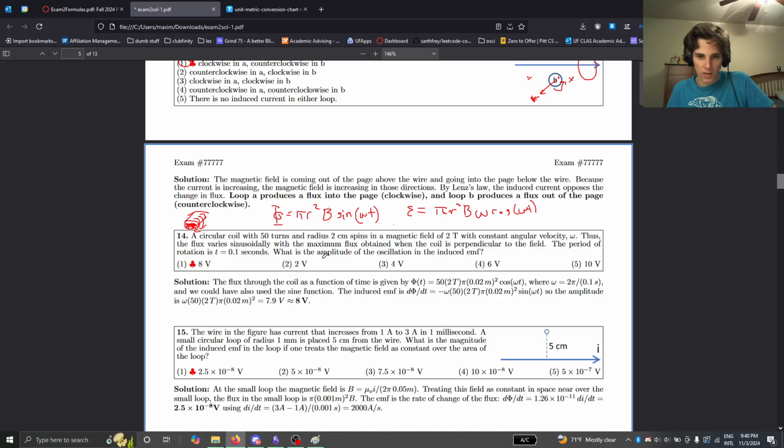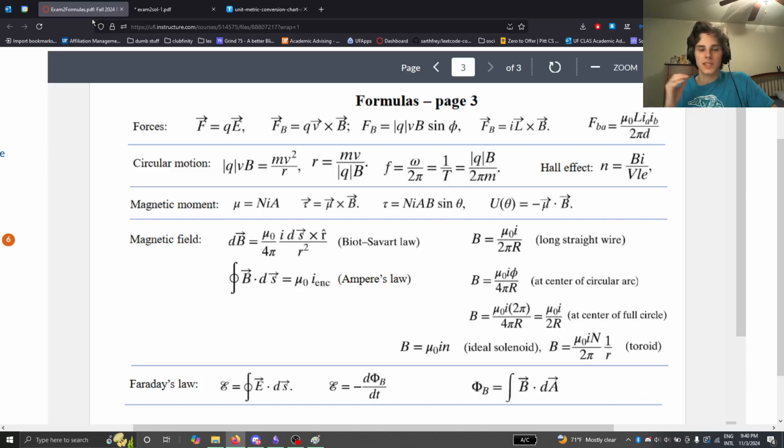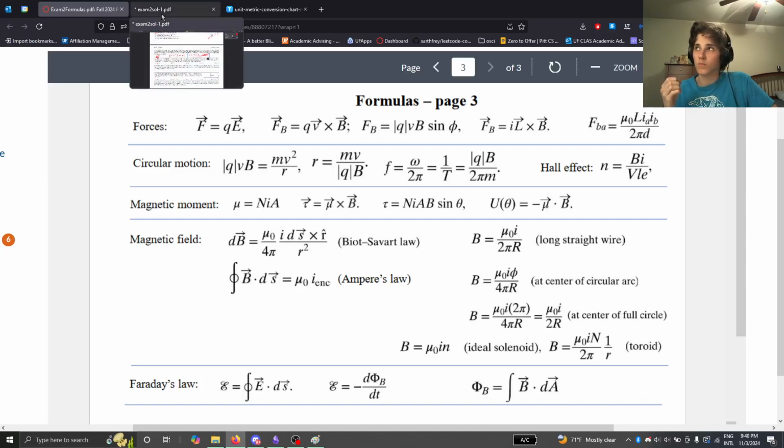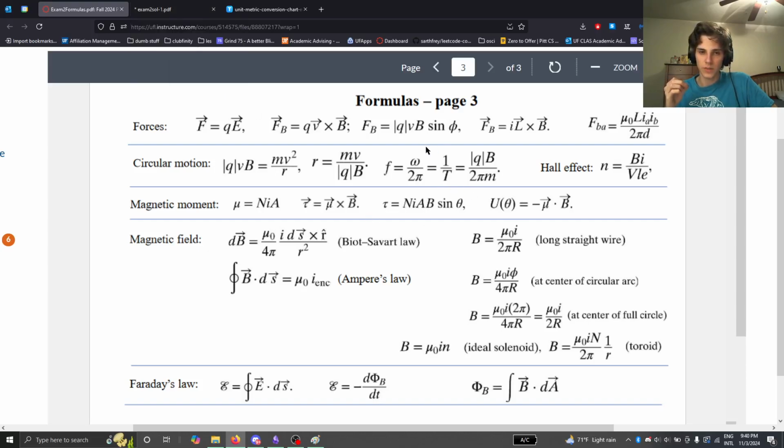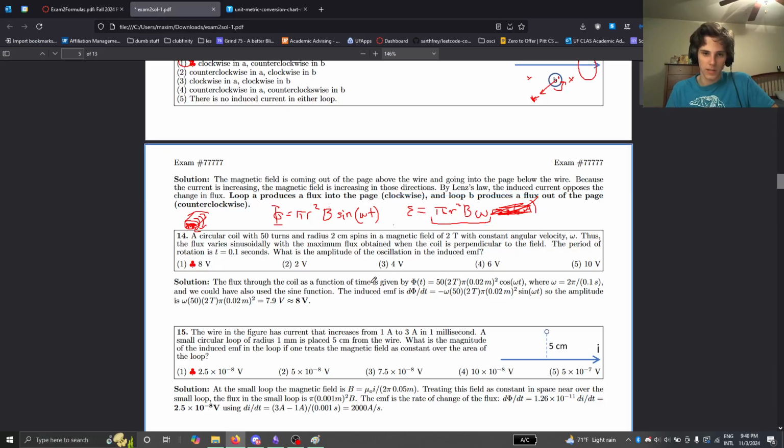Since we want the amplitude of the oscillation, that means we only care about this because we want the amplitude. So we can get rid of all this. And then we want to solve for this. So we have R, we have B. Do we have omega? Not quite. So we have the period of rotation, 0.1 seconds per rotation. So if we want to go to omega, we invert that and multiply by 2 pi.